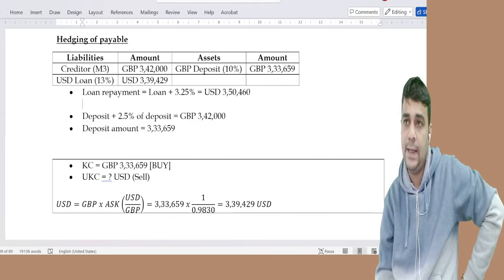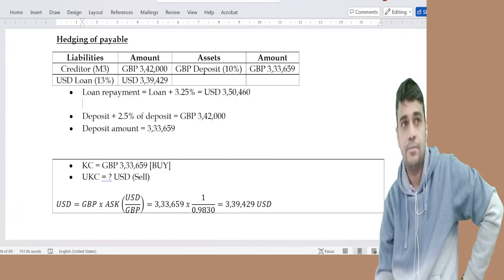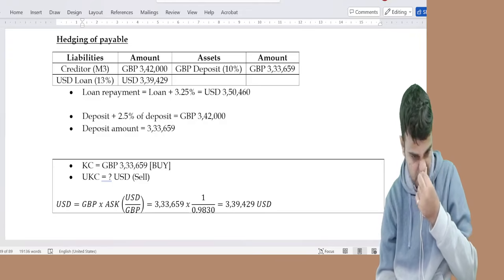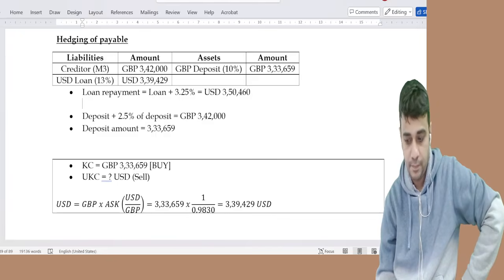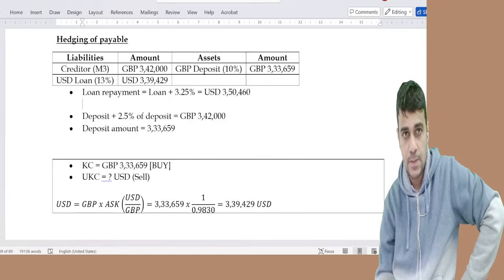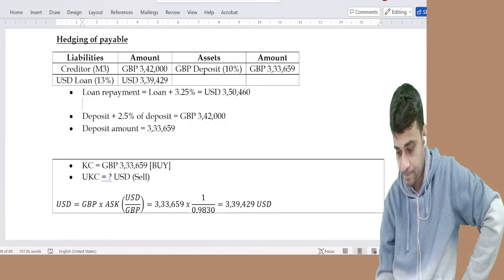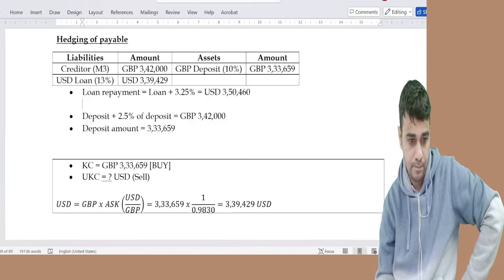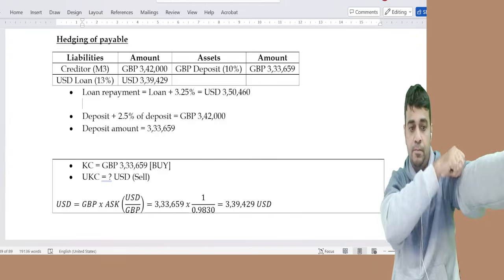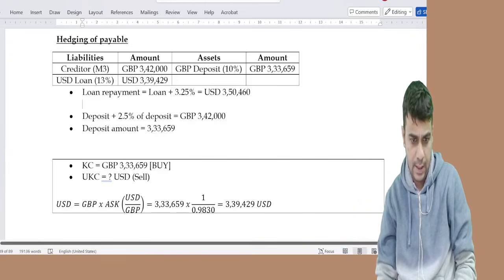Balance sheet format will make it easy to understand. I'm writing it.